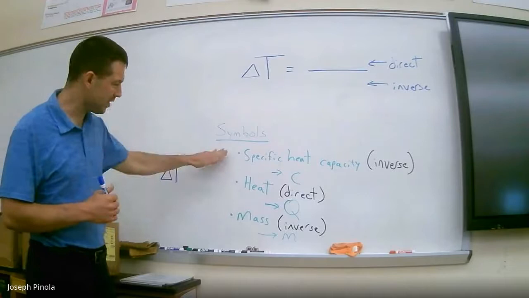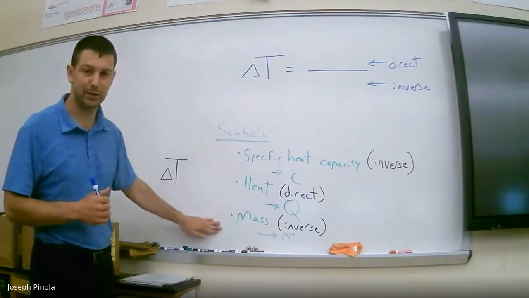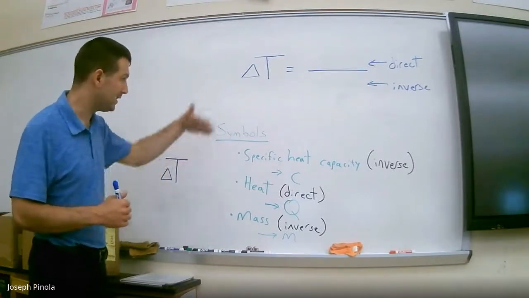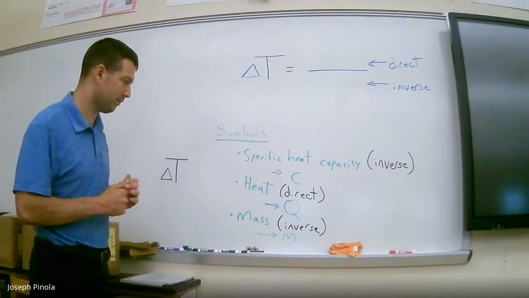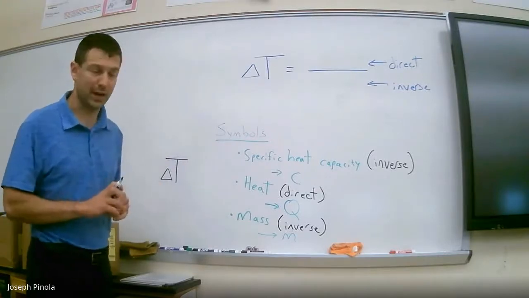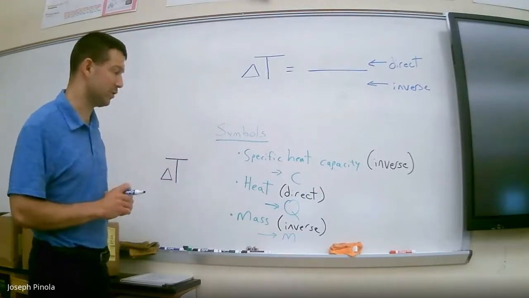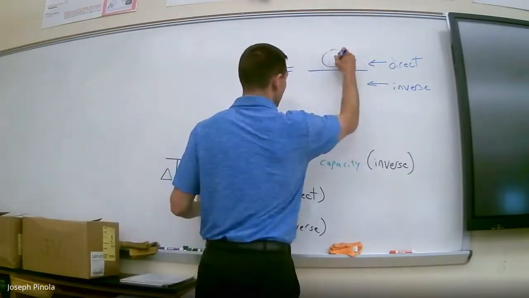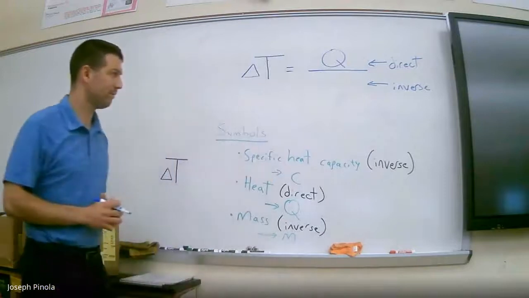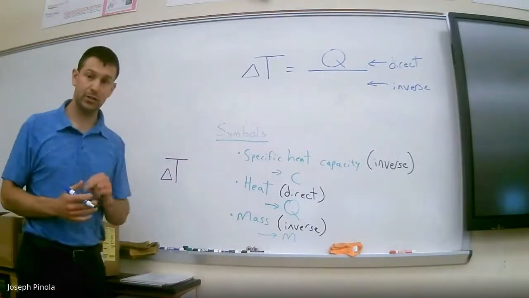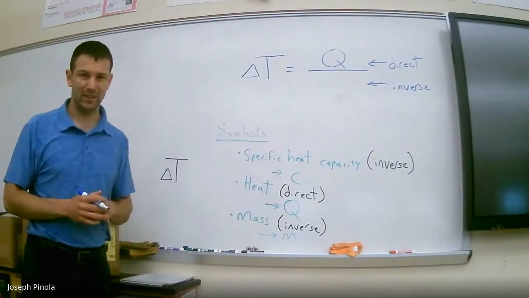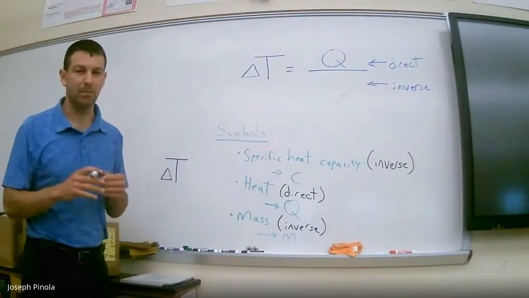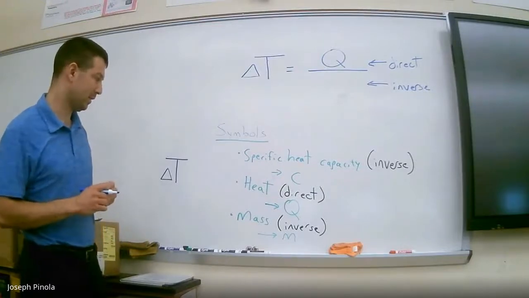So now let's take our three factors that affected temperature change below and see if we can put them into this equation. Only one of these factors has a direct relationship with temperature change. That's heat, or Q. Two factors had an inverse relationship. So let's put them both in the bottom part of our fraction.